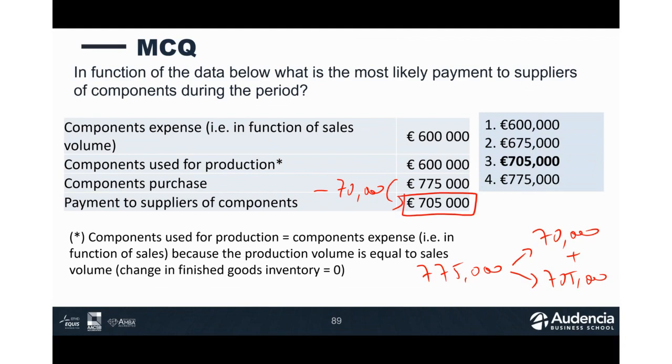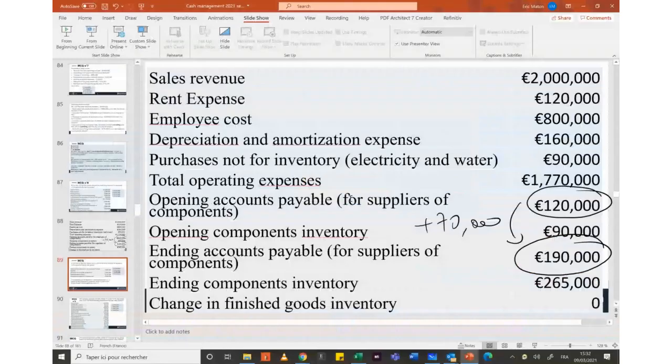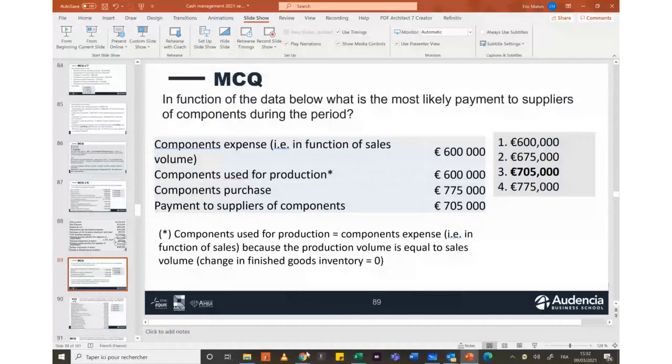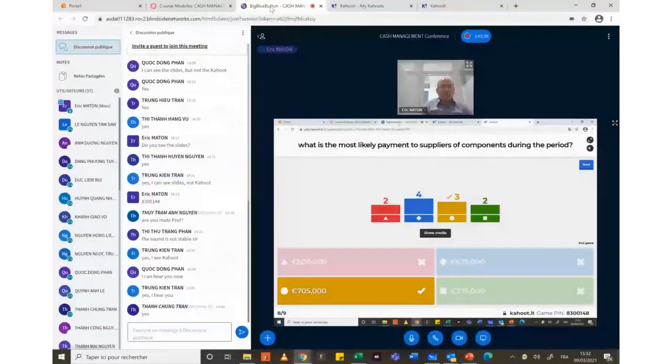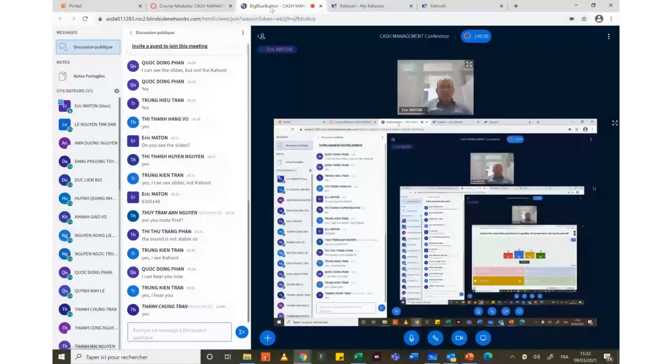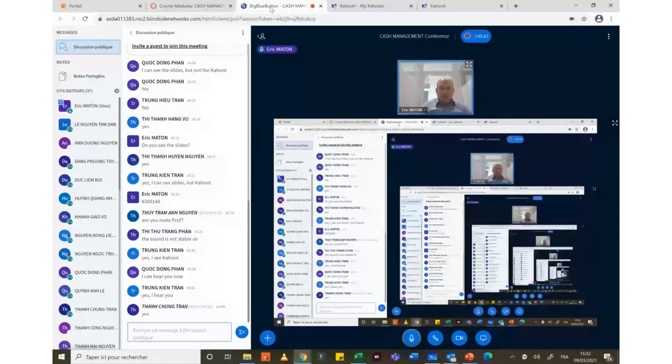Is it okay with all the process from the P&L to the cash outflow? Is it okay with the process? So I will take the diagram from the whiteboard and later I will put it on the PowerPoint, okay? Do you have questions about the calculation?